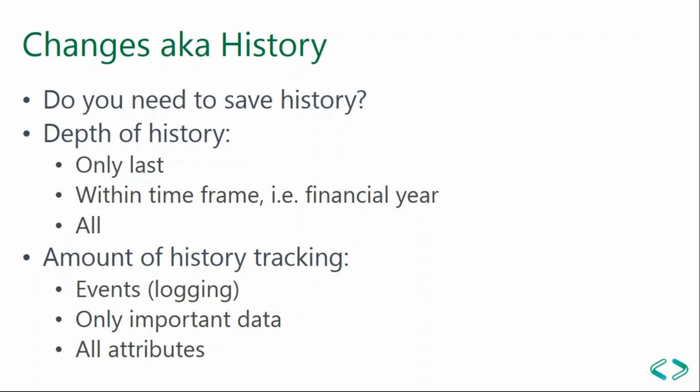Maybe some facts that something was changed. Maybe you need to log who has changed the data and how, when it was made. But in many cases, you need to save all attributes, all changes. So how can we do this?